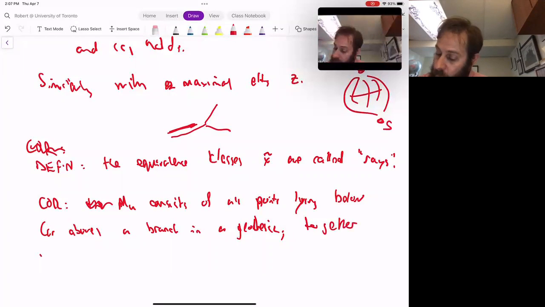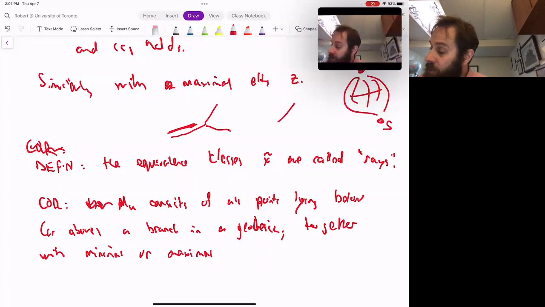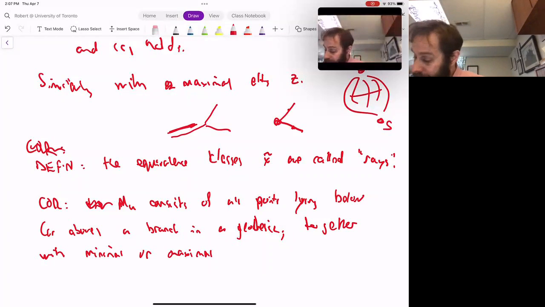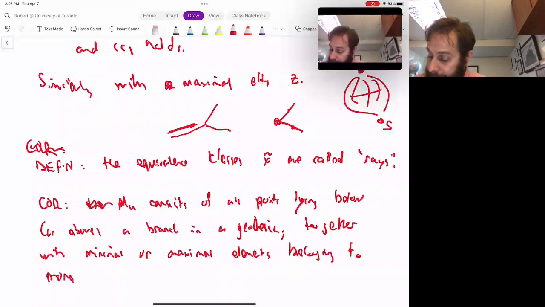Together with minimal or maximal. And similarly, if you increased at rate 1 along these two guys, then this endpoint would be a multiplicity point, but it's a minimal element in the ordering. Minimal or maximal elements belonging to more than one ray.